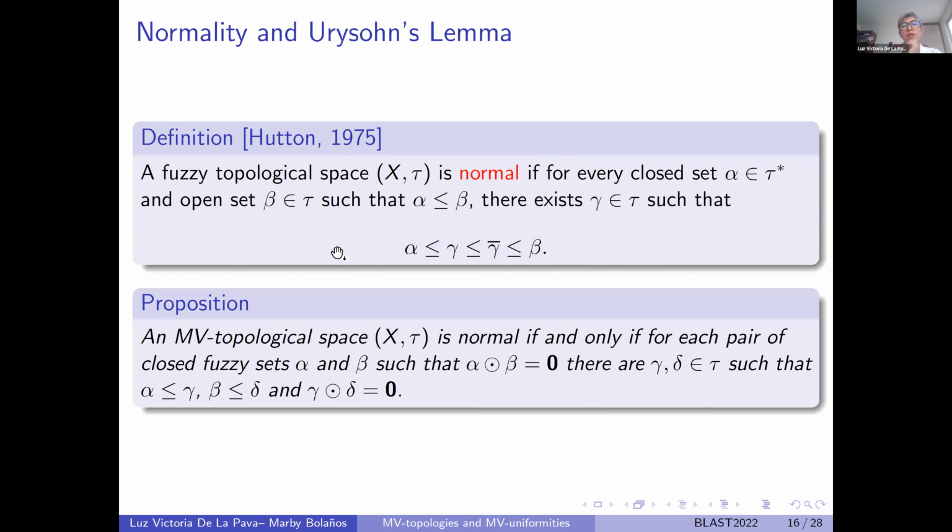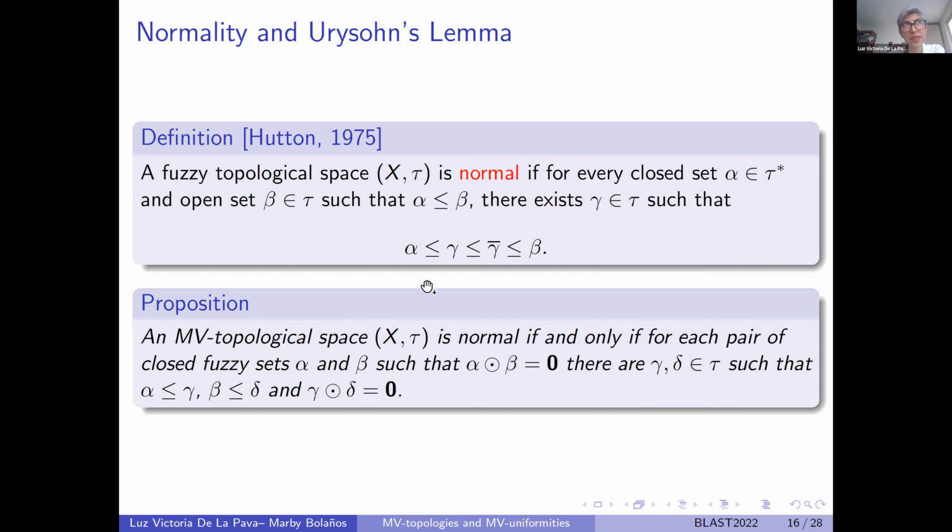Now, about normality and an Urysohn lemma, we were inspired by Hutton's work. Hutton defined a fuzzy topological space as normal if for every closed set alpha and open set beta such that alpha is below beta, there exists an open set gamma such that they satisfy this inequality.